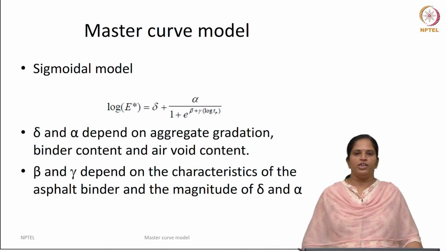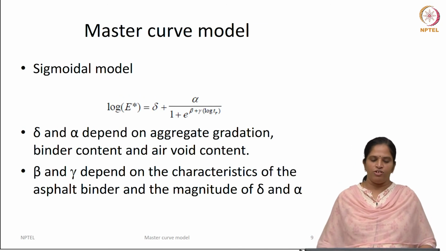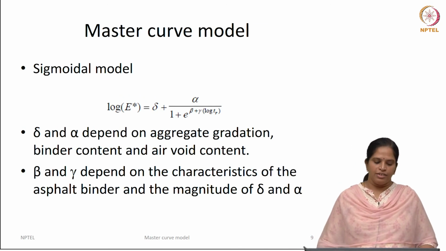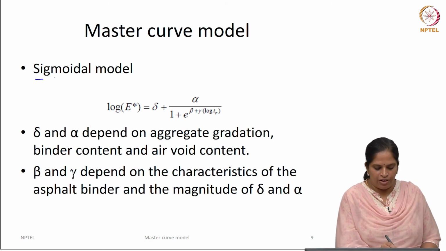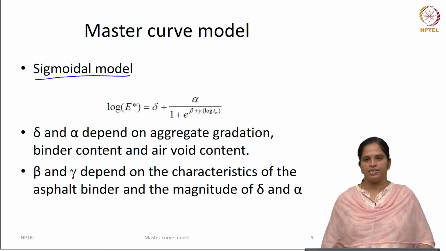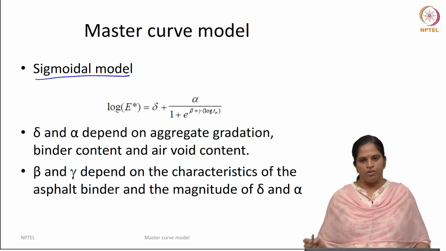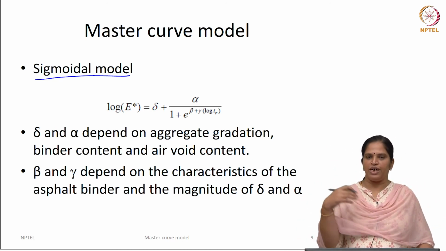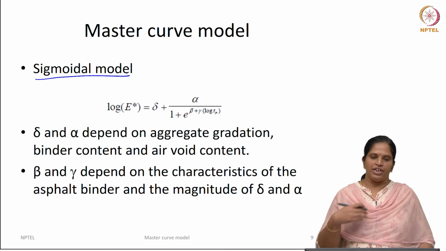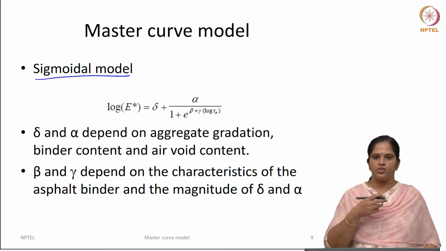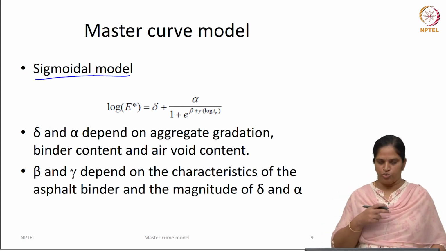The next model, as we have seen before, is the sigmoidal model. This sigmoidal model we have already seen in the construction of the master curve in the constrained fitting. So we assume the shape of a master curve and we transfer all the data to that assumed shape so as to get a continuous smooth curve.